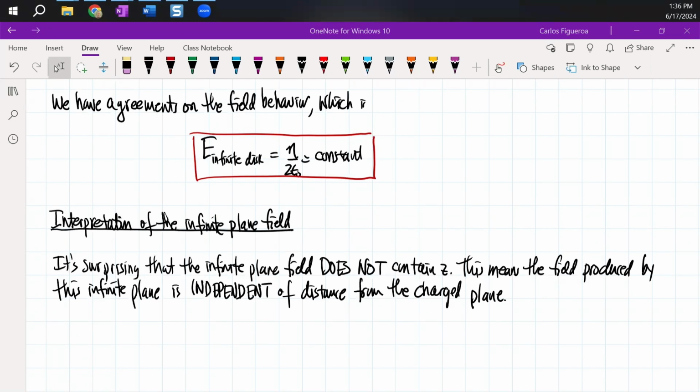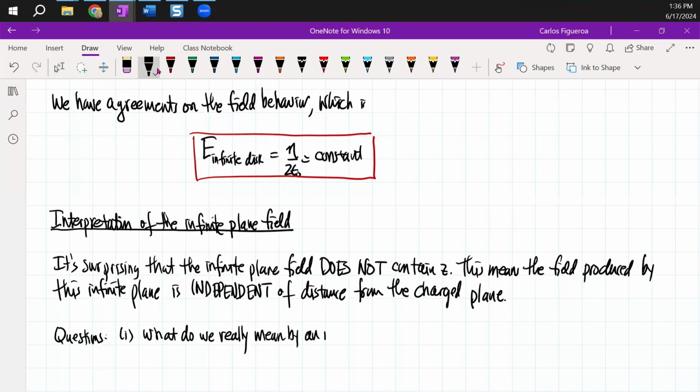So here are some questions that we have to answer. What do we really mean by an infinite plane in physics?